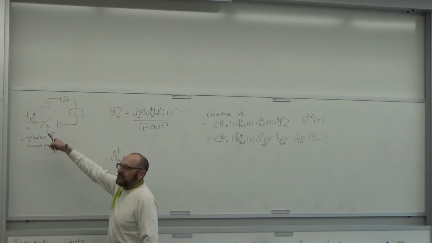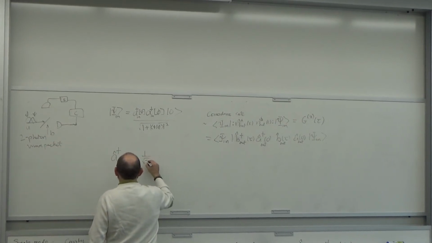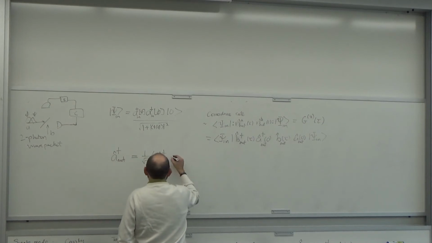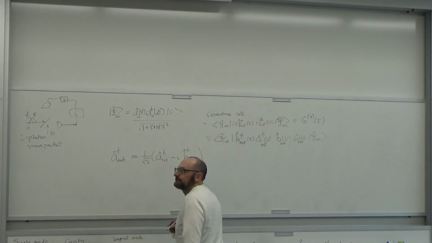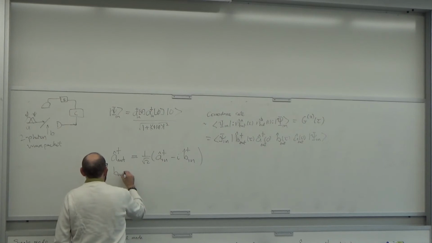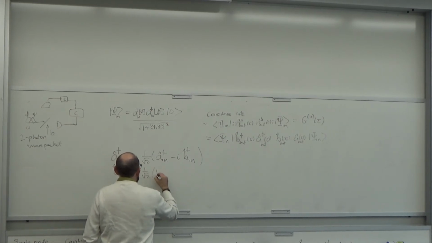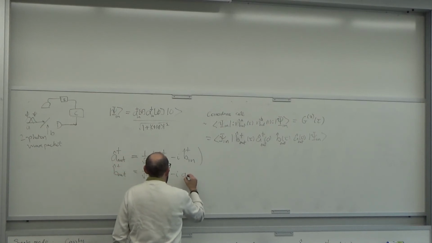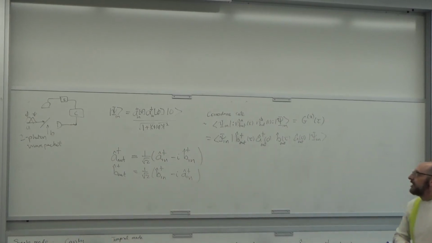So if this is a 50-50 beam splitter, then A out is going to be equal to 1 over the square root of 2, A in with some phase, depending on how I have it, plus B in. And B out is 1 over root 2, B in minus i A in. That's just the scattering.